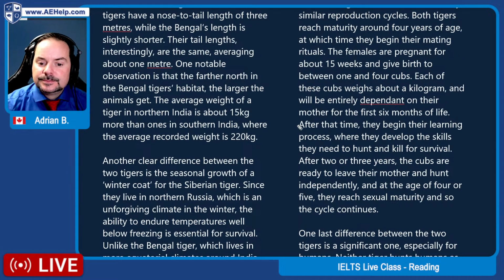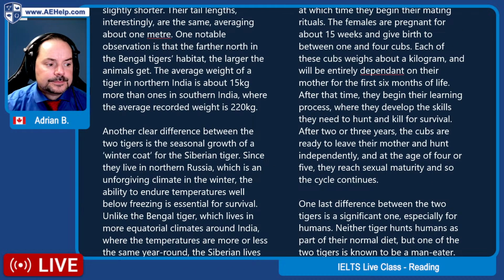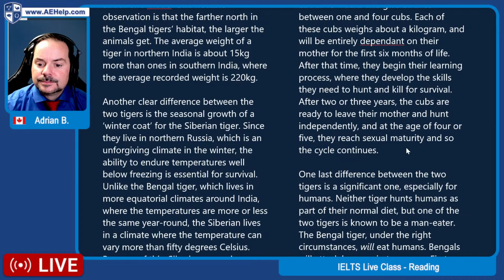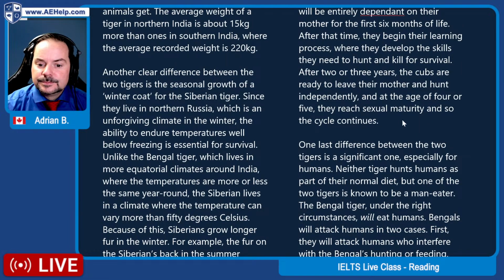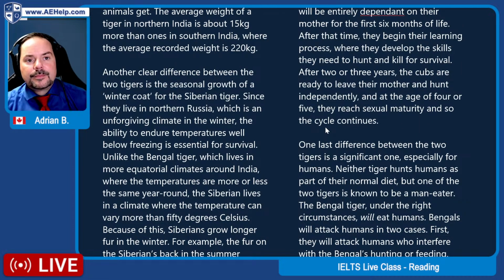After that time, they begin their learning process, where they develop the skills they need to hunt and kill for survival. After 2 or 3 years, the cubs are ready to leave their mother and hunt independently. And at the age of 4 or 5, they reach sexual maturity, and so the cycle continues.